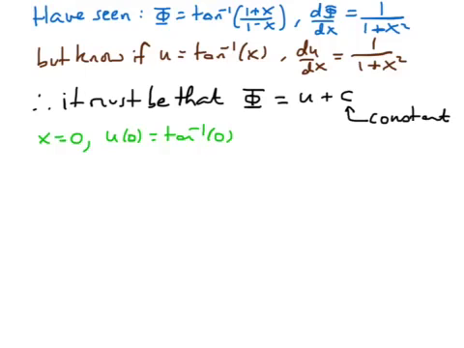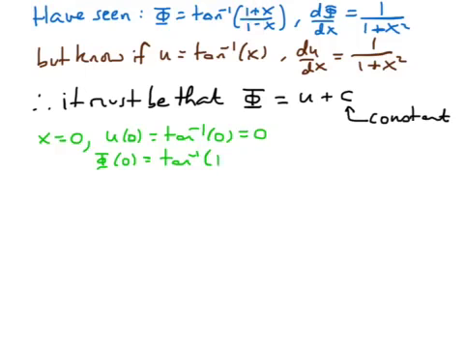The arctangent of 0 is 0. Phi of 0 is going to be the arctangent, and now if we look at the definition of phi, if x is 0, we have 1 plus 0 over 1 minus 0, so we have 1 over 1, and that's 1.